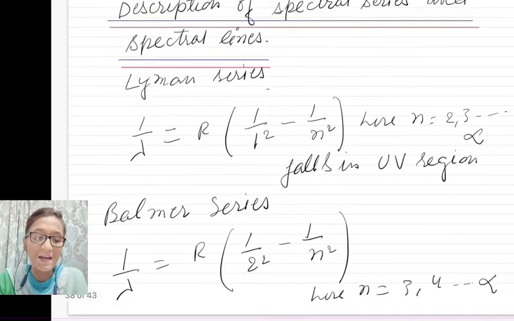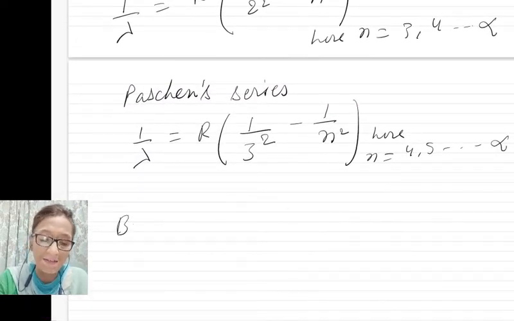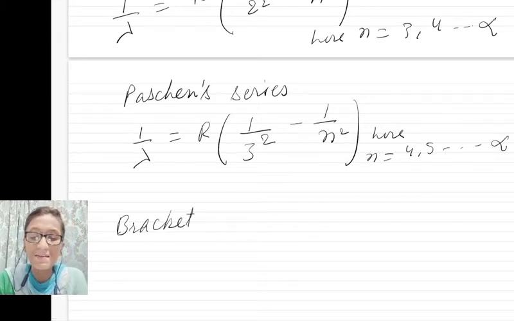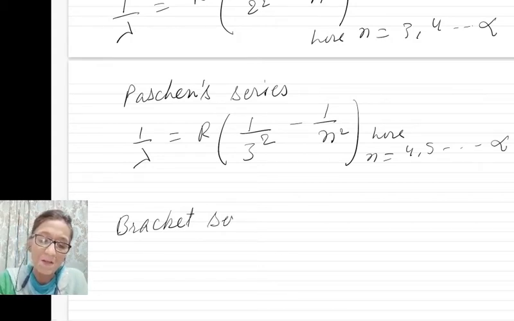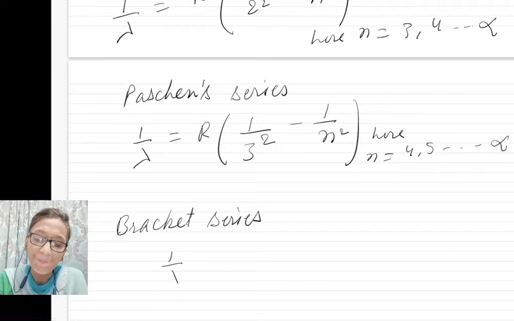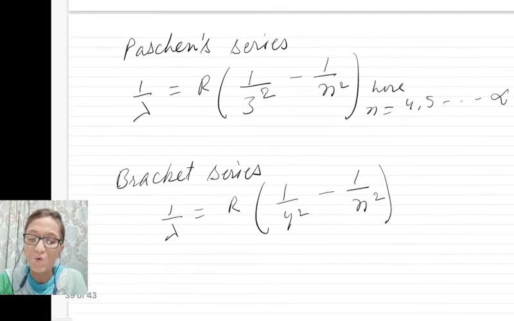So similarly you have Balmer, Lyman, Paschen, and then Brackett series. Brackett series and Paschen series, which have large wavelength, these two fall in infrared radiation. For Brackett series, you have 1 upon wavelength lambda is equal to R into 1 upon, just replace this 3 by 4, 4 square minus 1 upon n square.